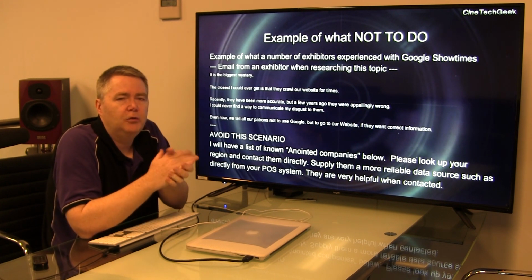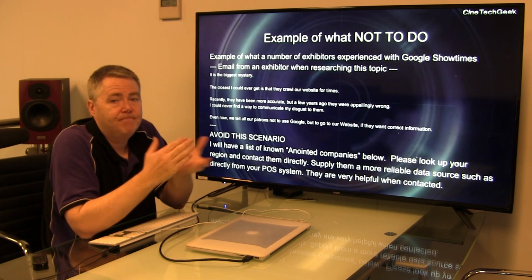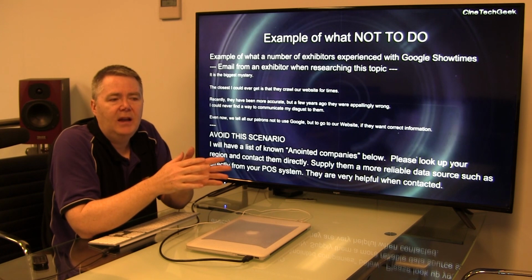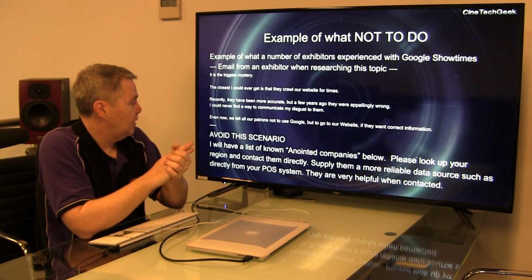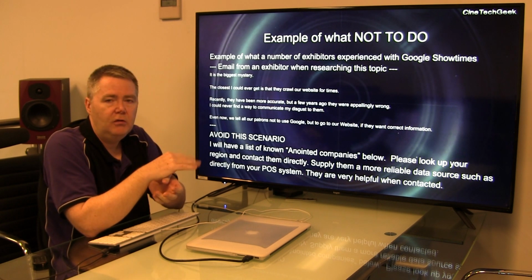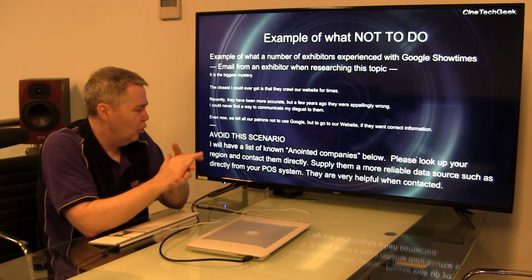Now, I nearly fell off my chair when I saw this. Google's supposed to be a data company, and this sort of stuff was happening. But anyway, I suppose historically the way it was done, it's sort of still that way, and we need to move forward. But in other words, avoid this scenario. If this is happening to you, what you want to do is contact one of these anointed companies.